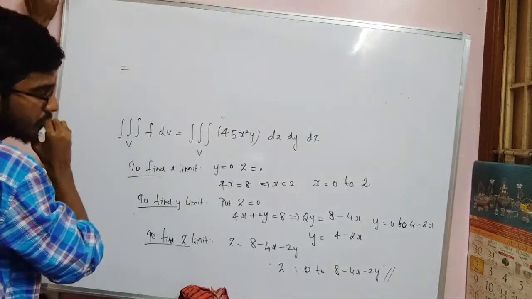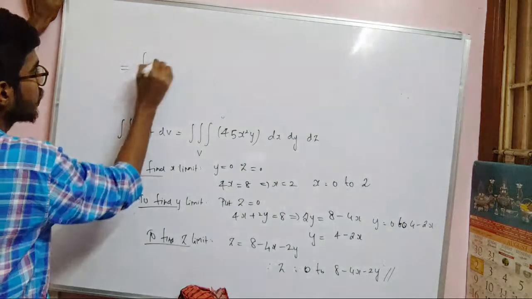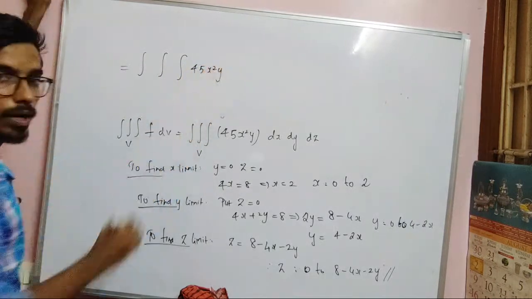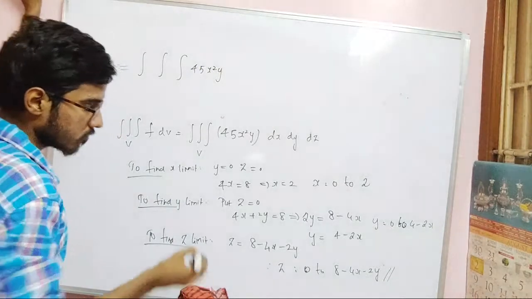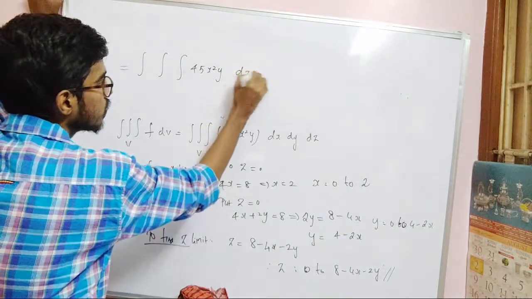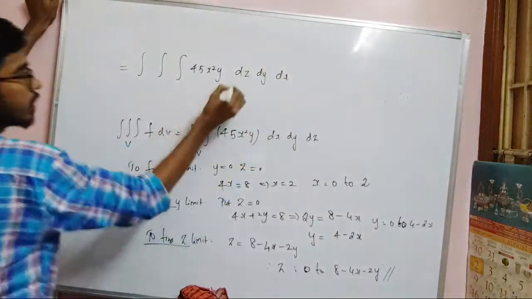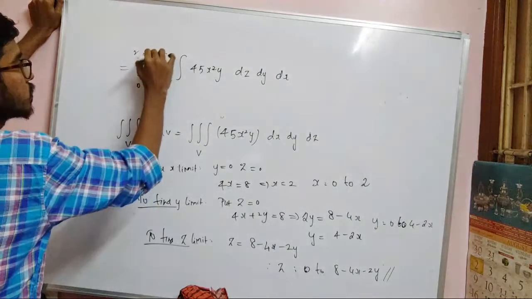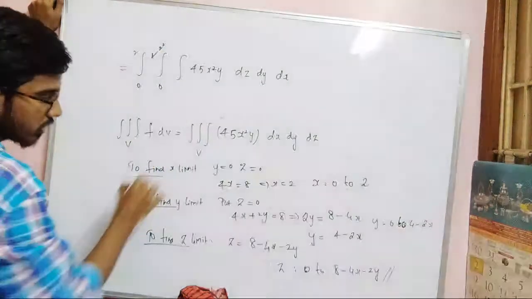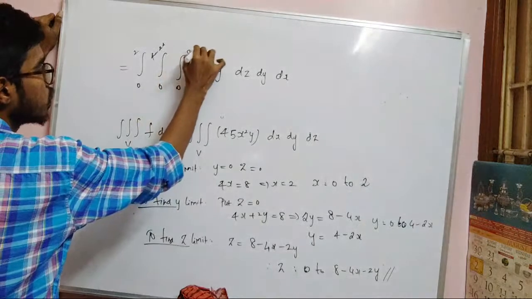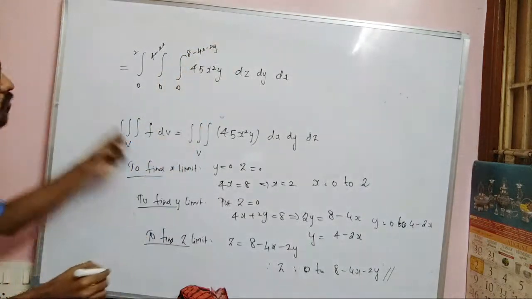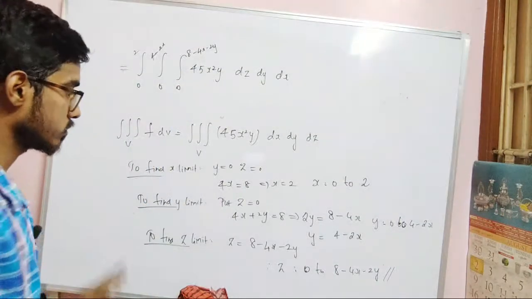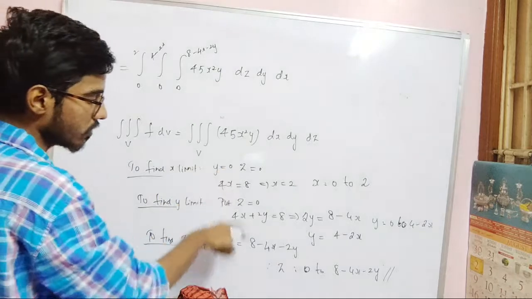This will be the triple integral of 45 x square y, which we transform to dz dy dx, where x is from 0 to 2, y is from 0 to 4 minus 2x, and z is from 0 to 8 minus 4x minus 2y. In the book they will directly write this step, so it is not necessary that you write this procedure in the exam.